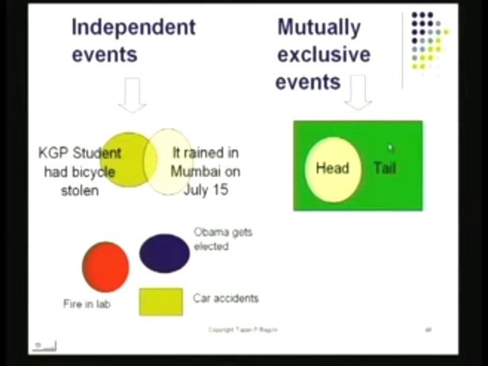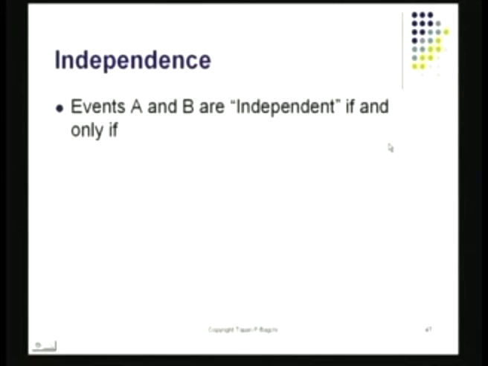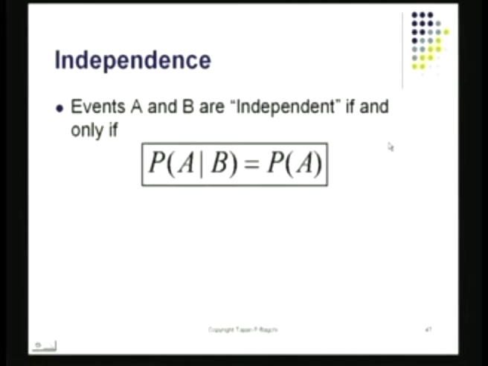We have to remember this when we are combining events, we are combining probabilities. So events A and B are independent if and only if I do this conditional probability and I find it is unchanged from the probability of A. So whether B had occurred or B had not occurred, it would not really matter for the probability of occurrence of A. If this is the situation, I say A and B are independent.